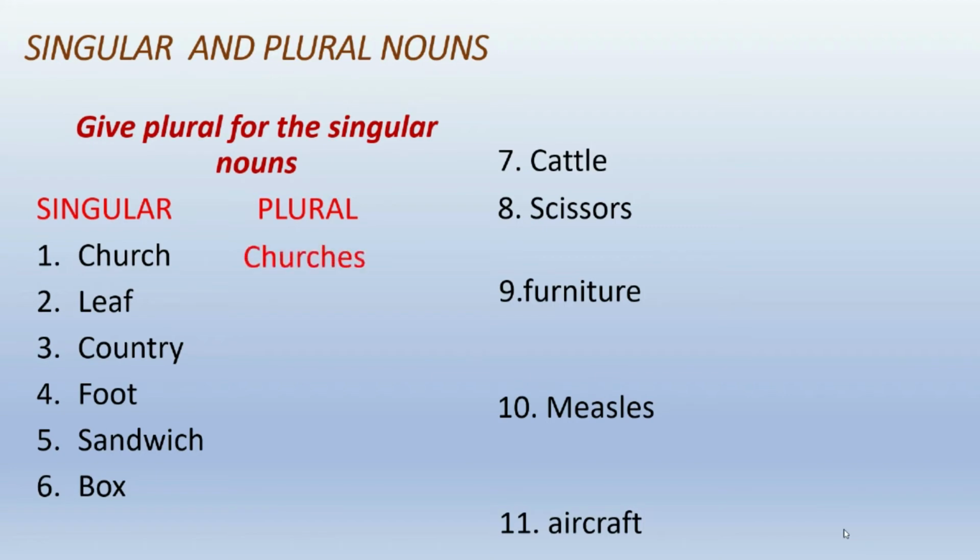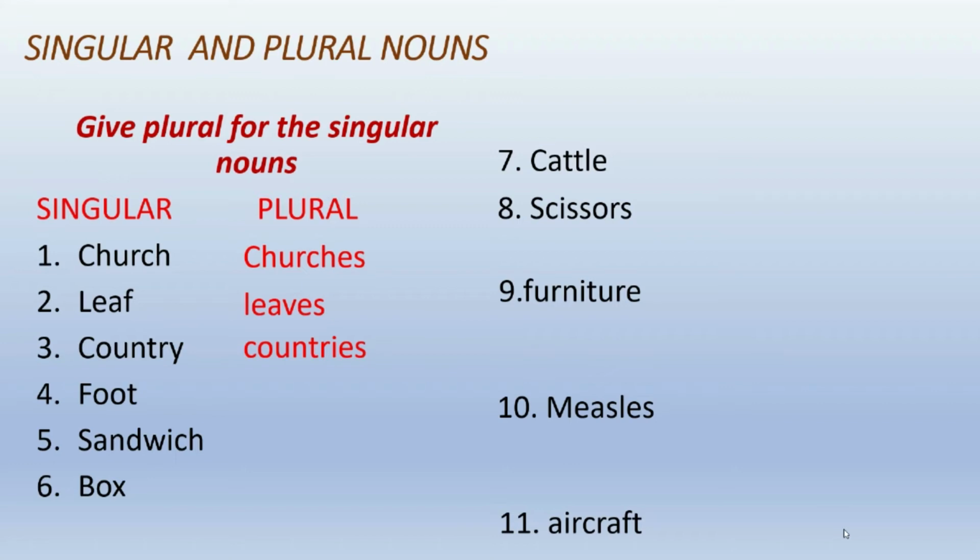So churches. Leaf, the word is ending with f, so it takes ves. So leaves. Country, it's ending with y, so words ending with y take ies. Countries.